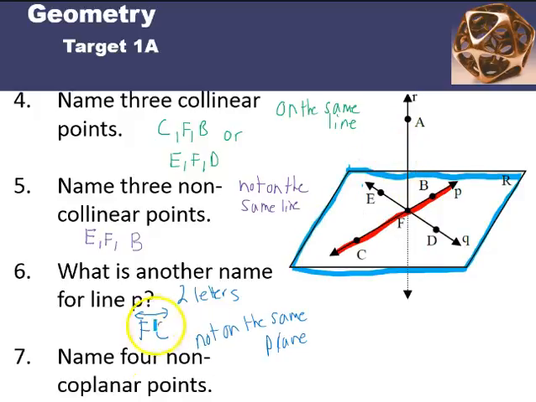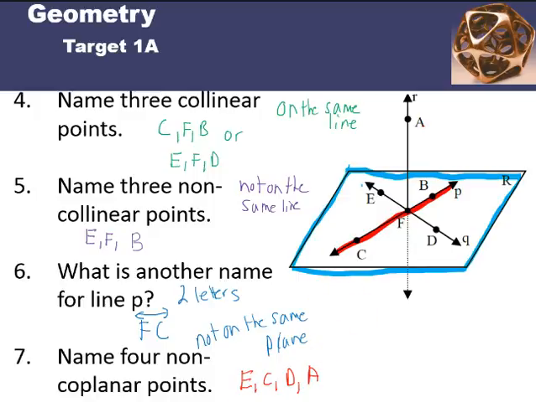So I can pick 3 that are on it and 1 that's off of it. So 3 that are on it, so I'm going to say E, C, and D. And those 3 that are on it should not all 3 be on the same line. And then 1 point that's off it, so A. So 3 points on, as long as those 3 points aren't on the same line, and then 1 point that's off the plane. So every answer would have to include A.